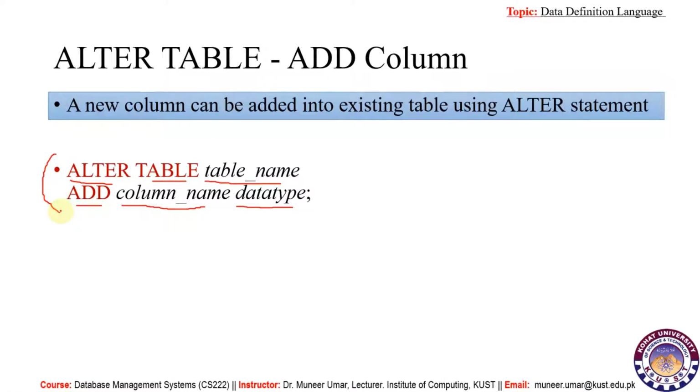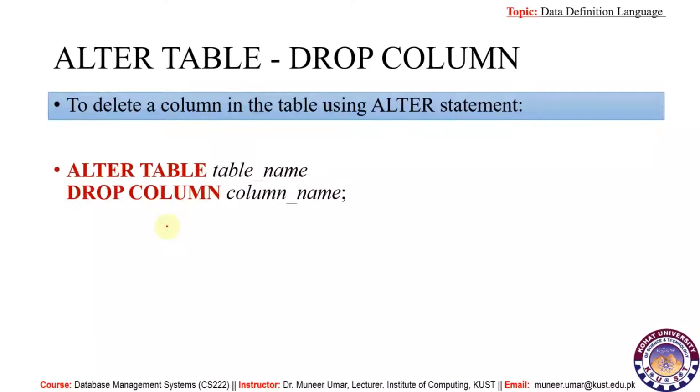With the help of this query, a new column will be added in the existing database table. If we need to delete a column from a database table, for that purpose we must use the drop keyword inside the alter query. So we must type the same alter query, but here we will have drop: alter table, name of the table, and then drop column and the name of the column.